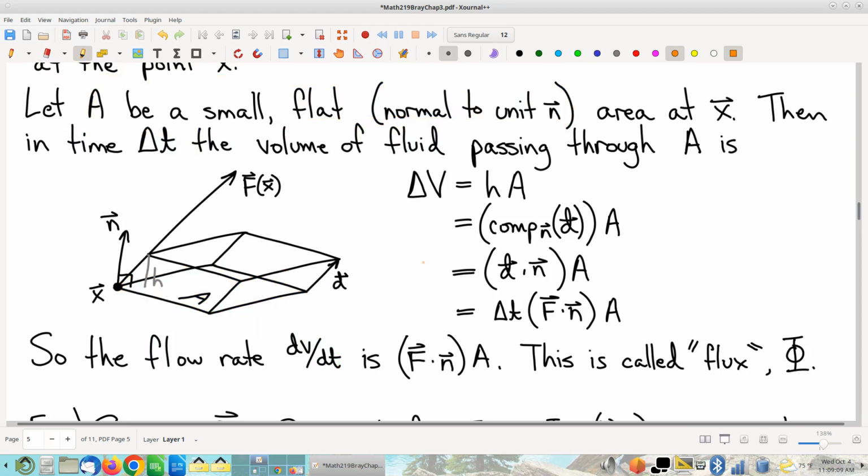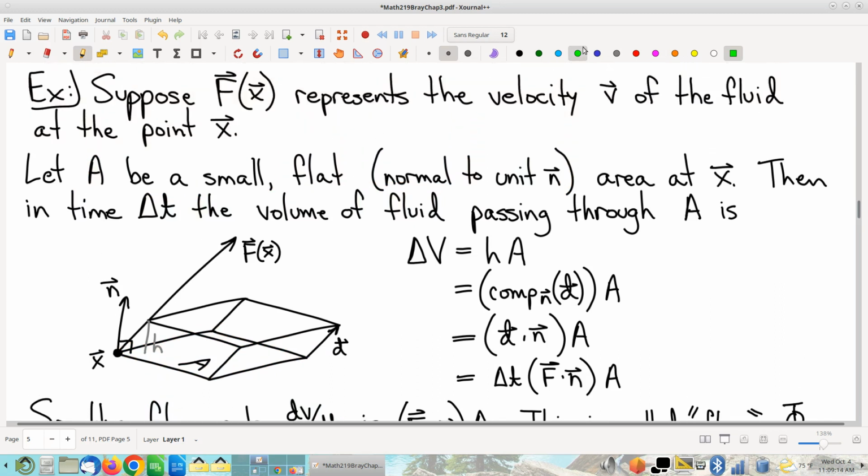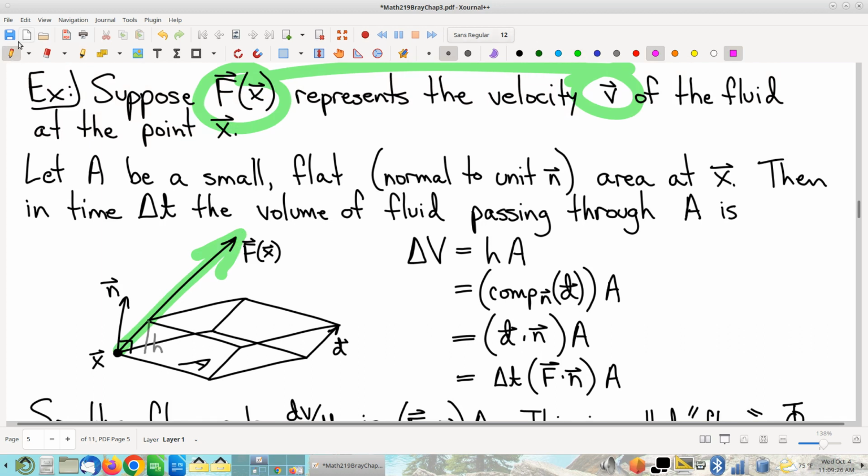If your vector field is representing velocity, again, keep in mind, the vector field represents velocity, so that's the velocity of the fluid, right? Then I can talk about how much fluid per unit time. I'm going to do this with an arrow, with a pencil.